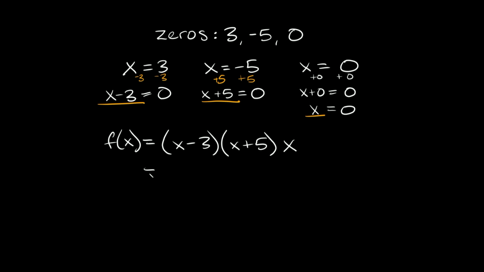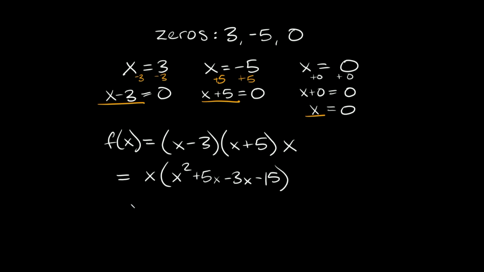So we're going to say that f of x is equal to x squared plus 5x minus 3x minus 15. And we're multiplying by x over here. And actually, I'm going to bring it on the left side over here, because normally, whenever you have factors by themselves, they're on the left side. So we're going to write it like that.